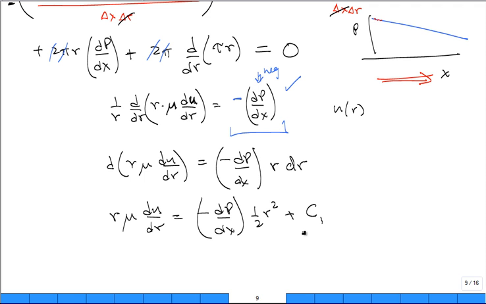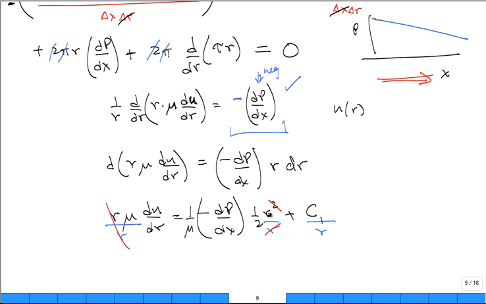Stop me if I make an error. What do I do next? Separate. So I'll divide everything by r, and then I'll be able to cancel there. And this mu I can bring over, so I'll get 1 over mu.